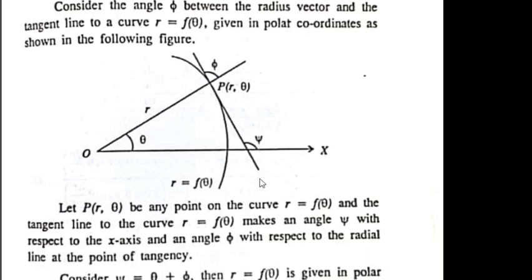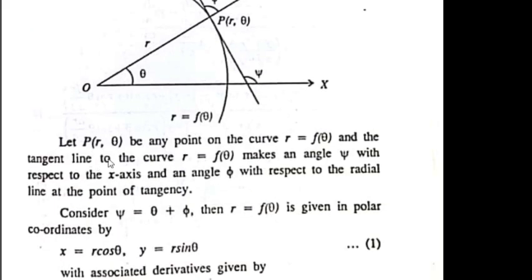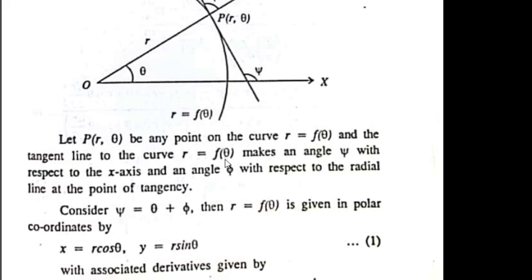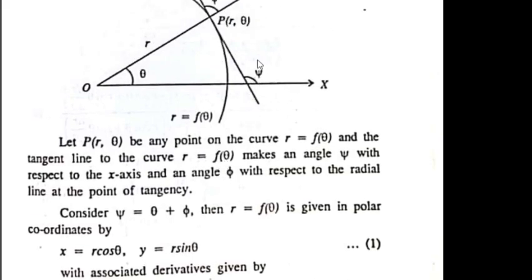Now we take P of r theta as any point on this curve r is equal to f of theta, and let T be the tangent to the given curve. Let this tangent make angle psi with the x-axis. So psi is an exterior angle, and from the geometry we know that the exterior angle is equal to the sum of the interior angles.